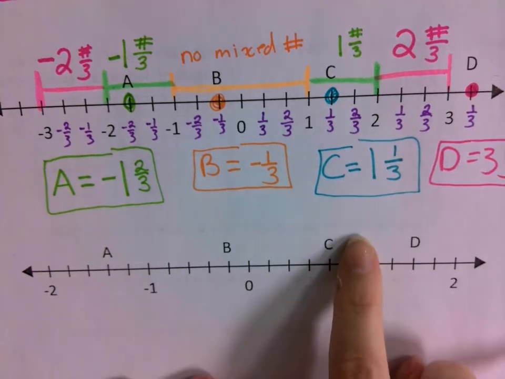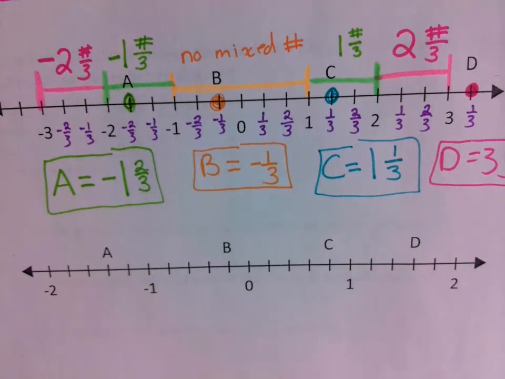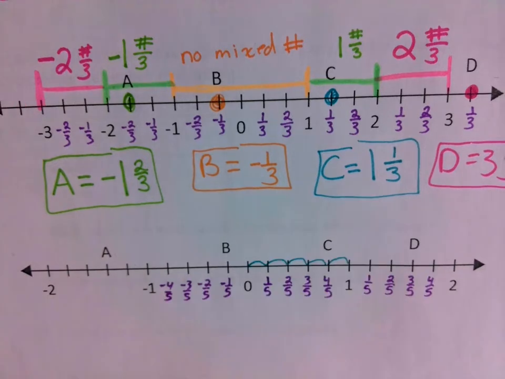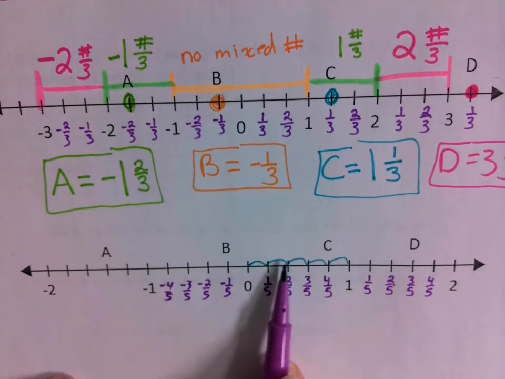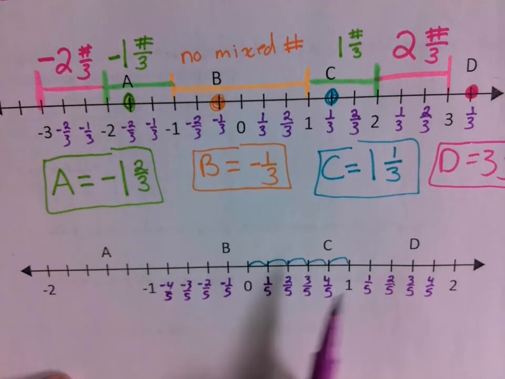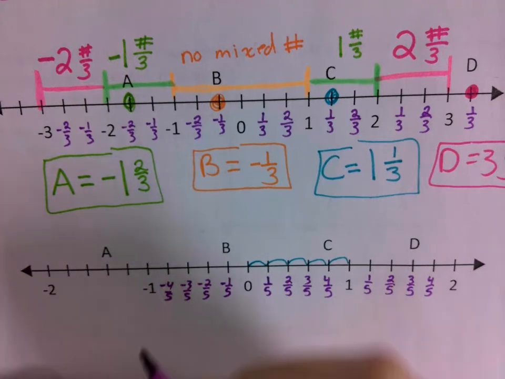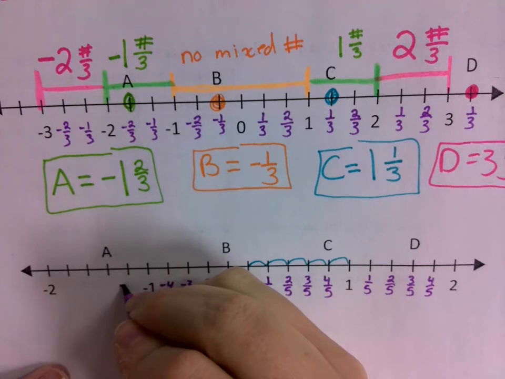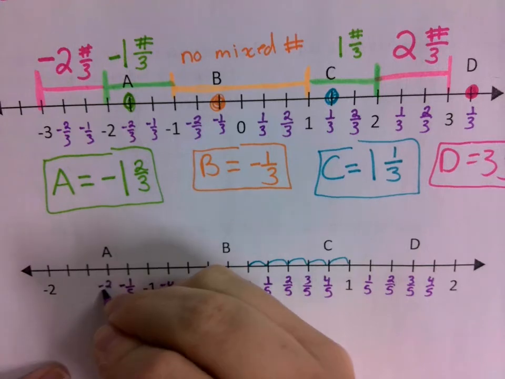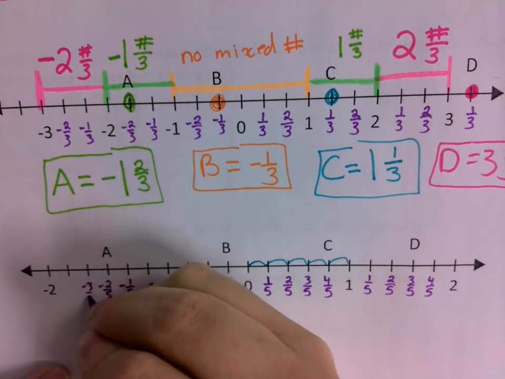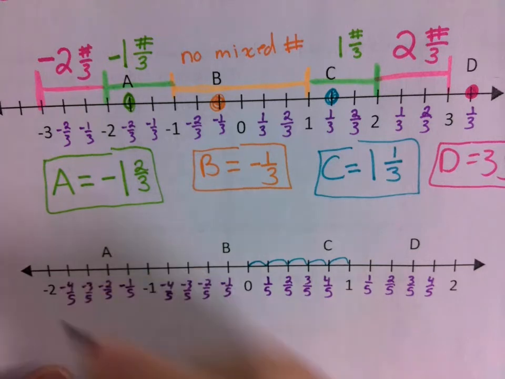That tells you the denominator. So go ahead and fill that in first. Because each of these was a jump of a fifth, 5 jumps, all of the values are going to have a 5 underneath. So again, -1/5, -2/5, -3/5, -4/5, and then another whole brings us to that -2.